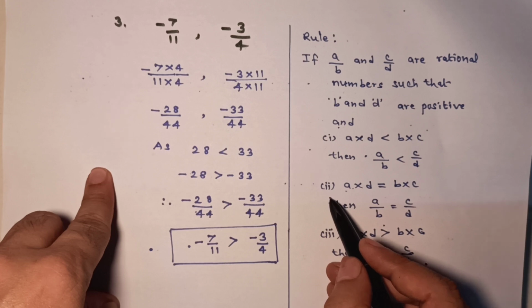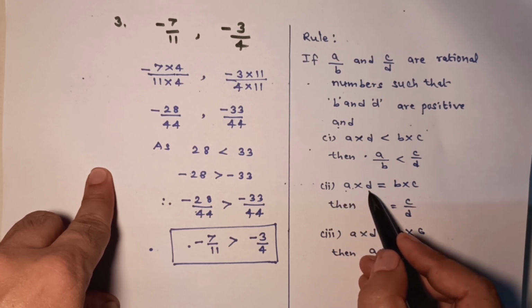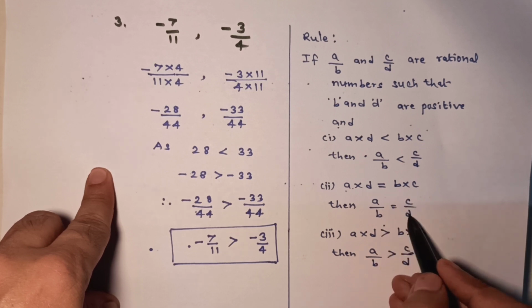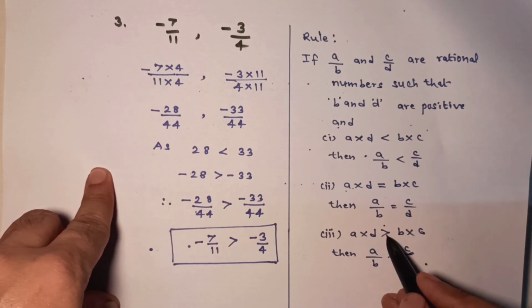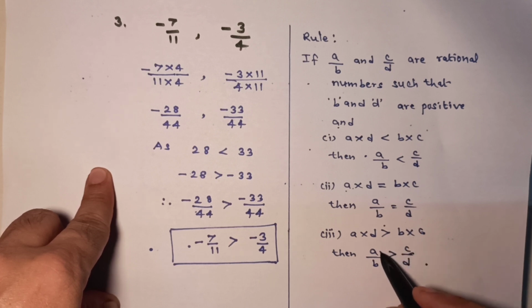In the second case, if product AD is equal to BC, then these two numbers will be equal. Similarly, if A into D is greater than B into C, then A upon B is greater than C upon D.